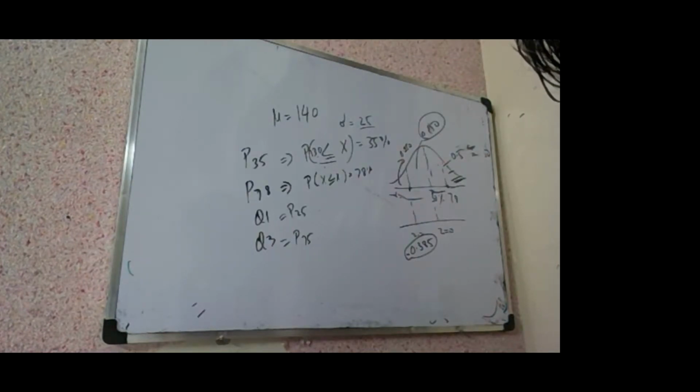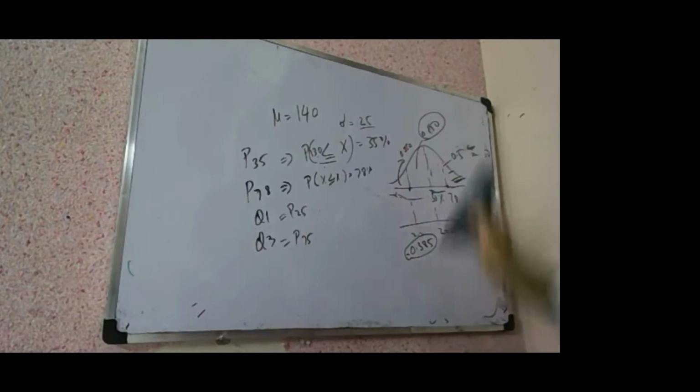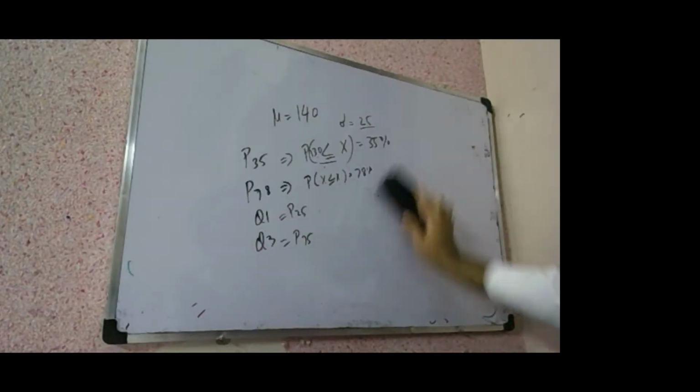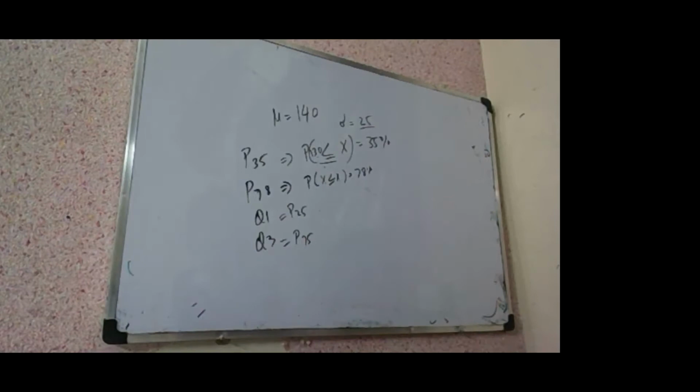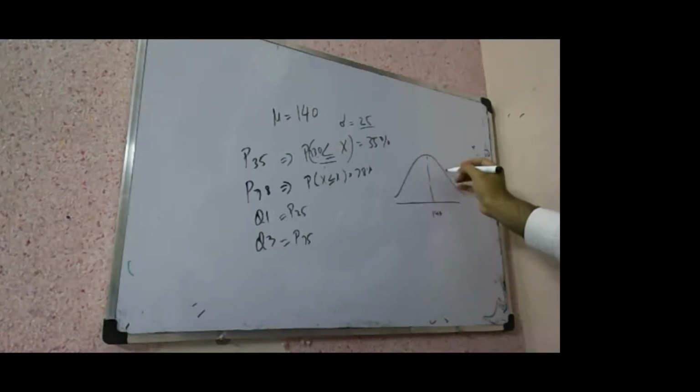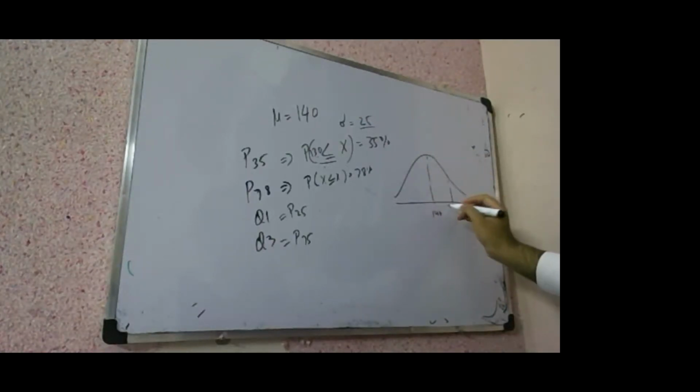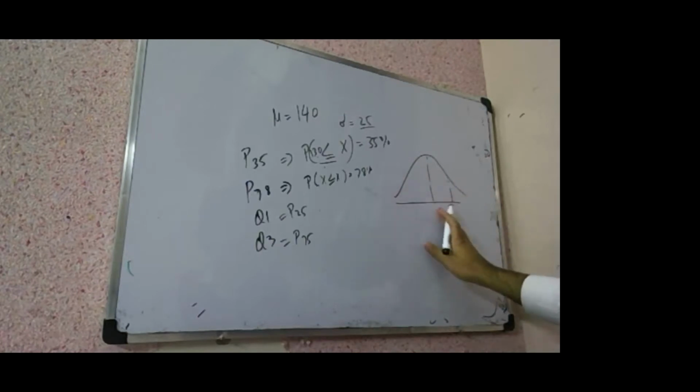For example, for P78, the percentile of 78, how will the graph be? This area is given, right? This is 140. This is 78, because 50% of the area is on this side, 50% of the area is on this side.